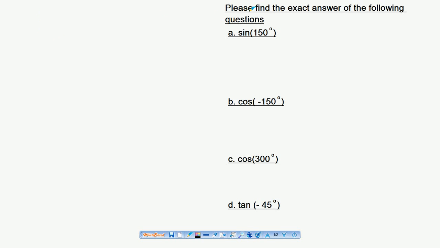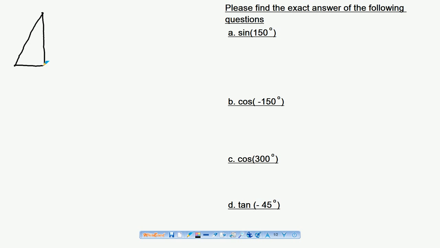Now we can solve this kind of problem by hand using the unit circle and special triangles. So to start with, I have to draw my special triangles.